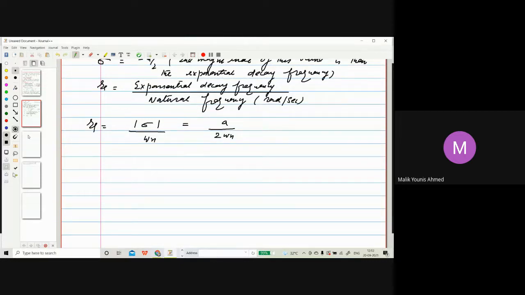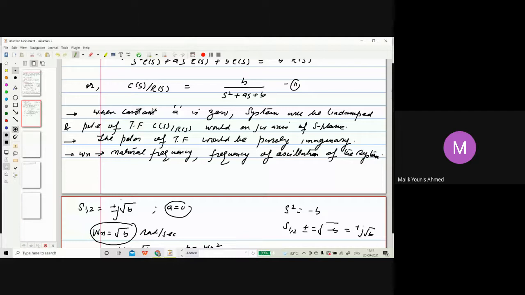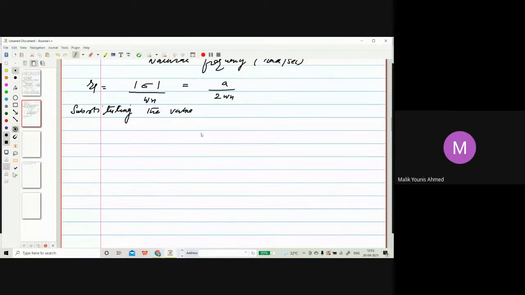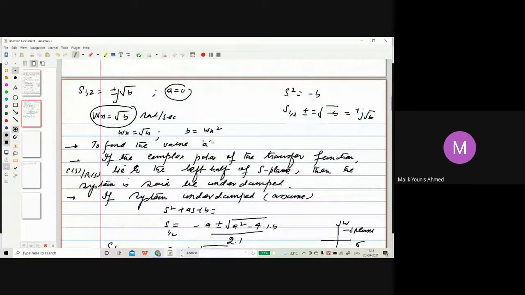Now let's substitute the values of a and b in equation number 2. The b value is omega n square.